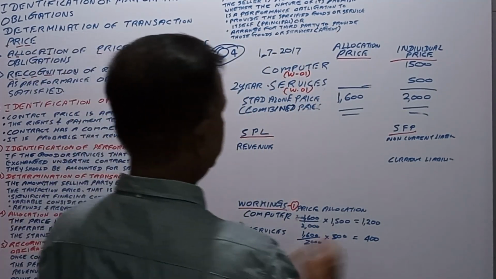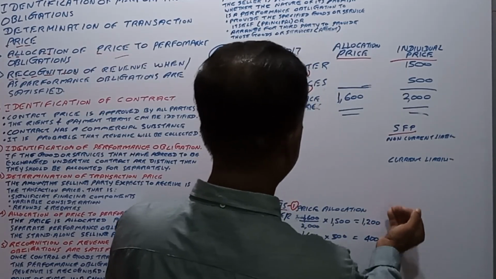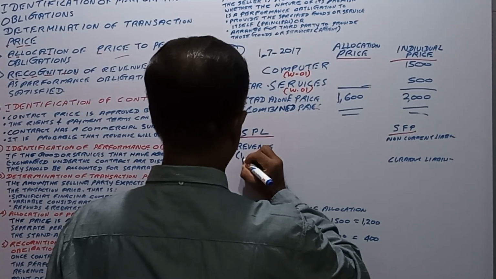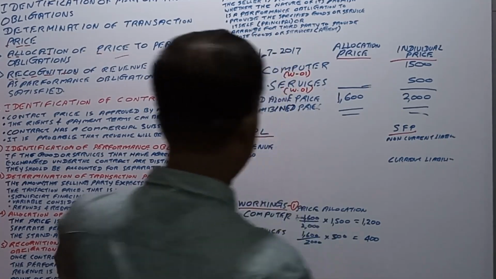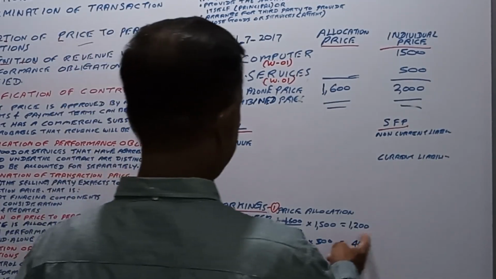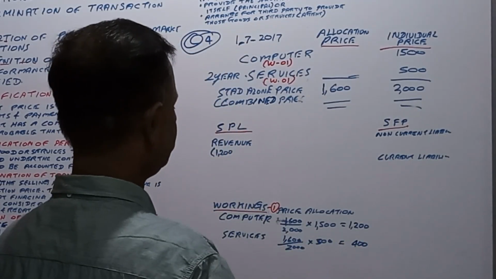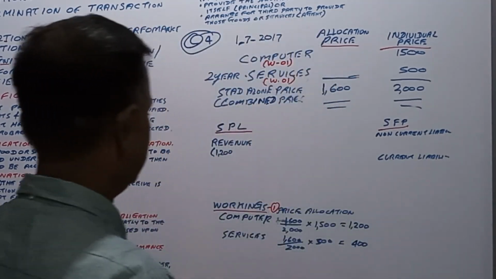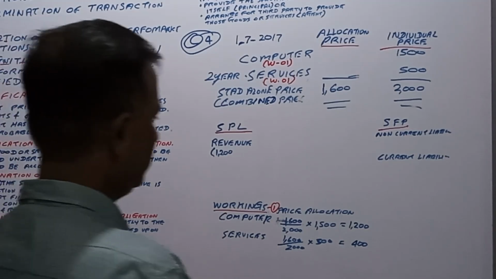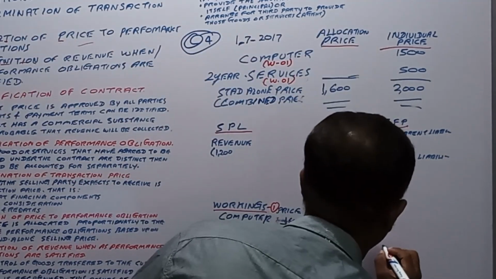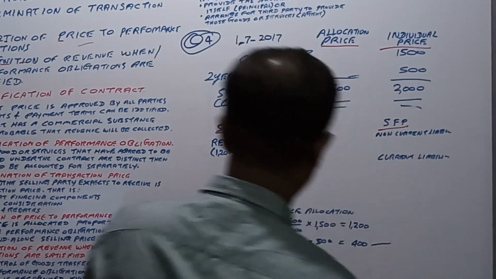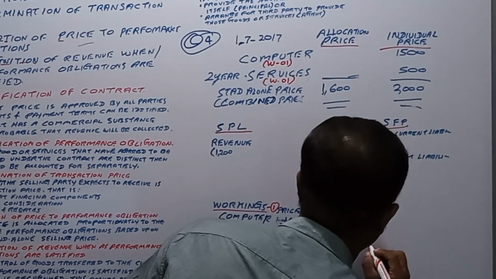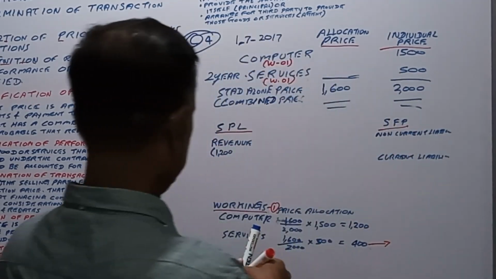The computer we can show as a whole as revenue, so 1200. Out of the 400, he will receive only 100 this year, because the services are for 24 months, 2 years.